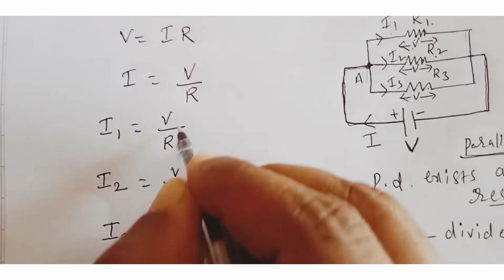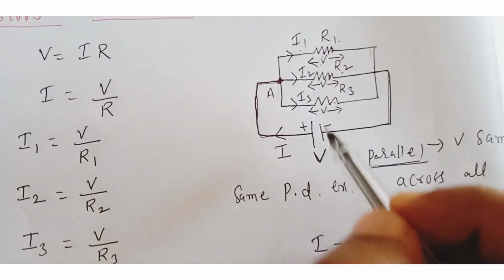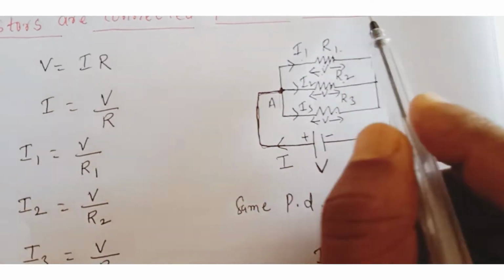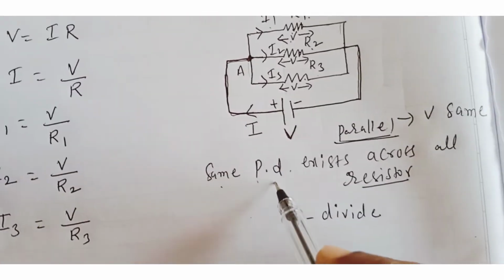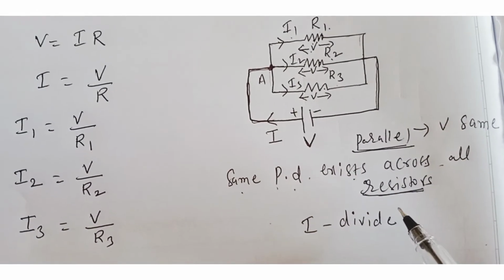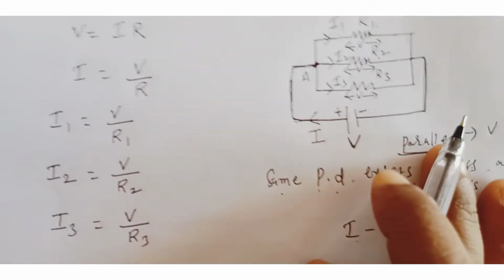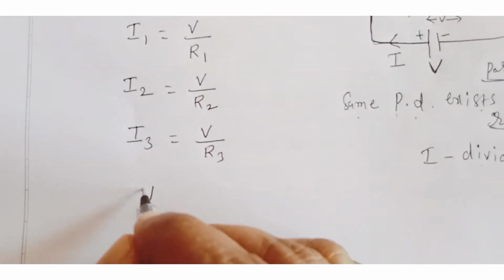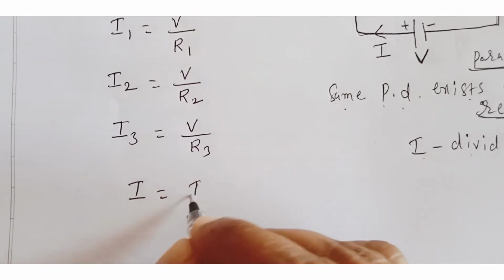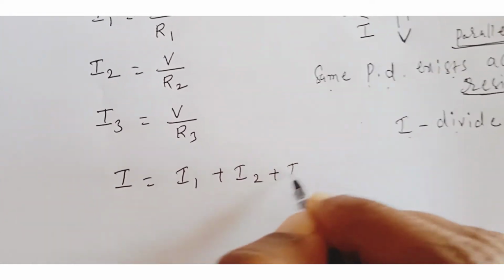Observe, in the three situations V is the same because whenever resistors are connected in parallel combination, the same potential difference exists across all resistors, but the current is divided. Then the total current I equal to I1 plus I2 plus I3.